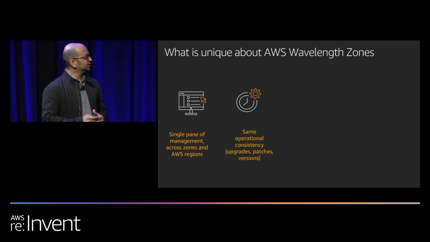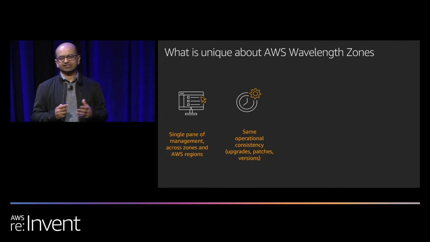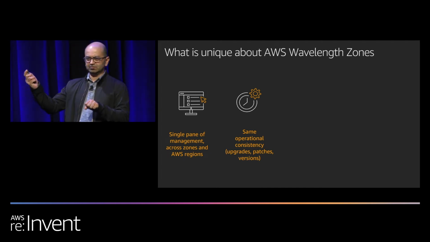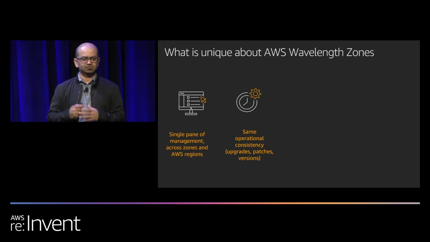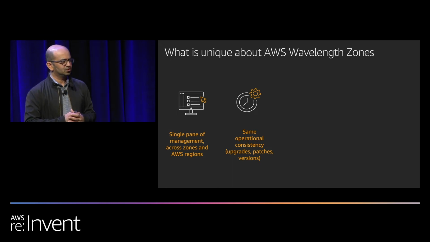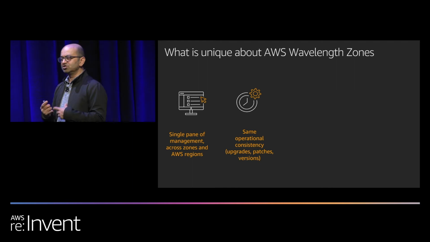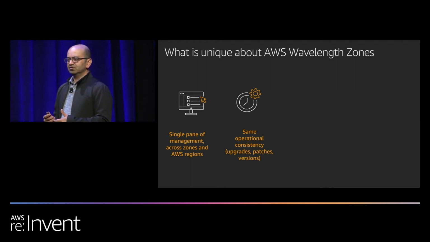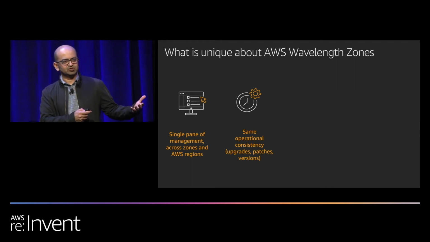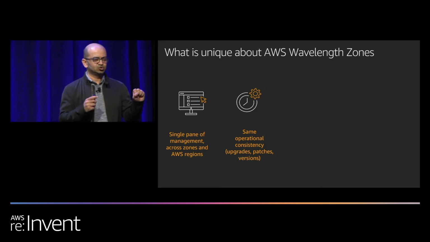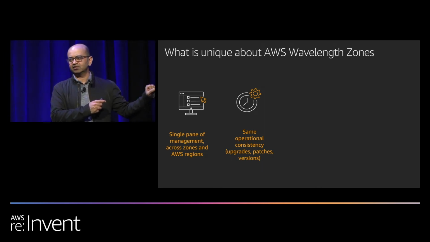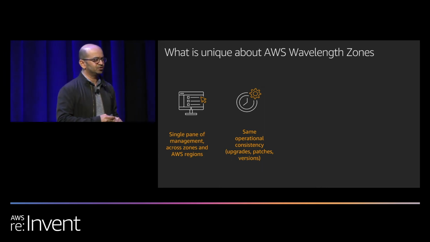Secondly, you have the same operational consistency. Again, for the same reason, the fact that we are tethered to the region and we run the control plane in the region, any patches, any upgrades, any new versions of software are immediately reflected in a wavelength zone. So there is no inconsistency between what you're getting in a wavelength zone versus what's available in the region.